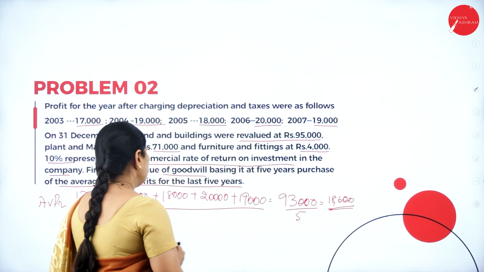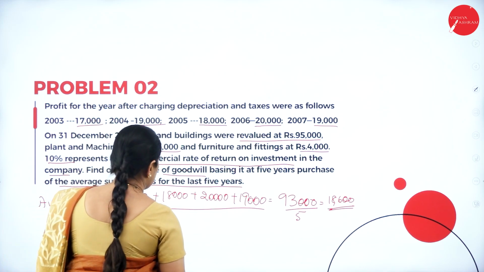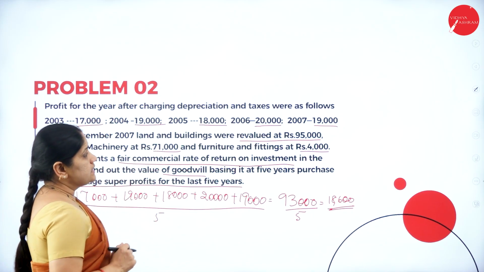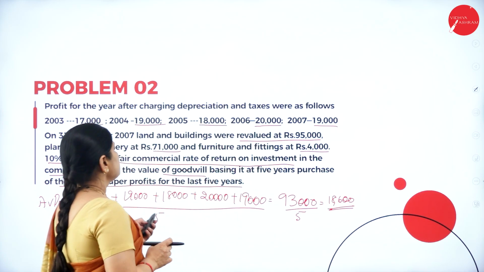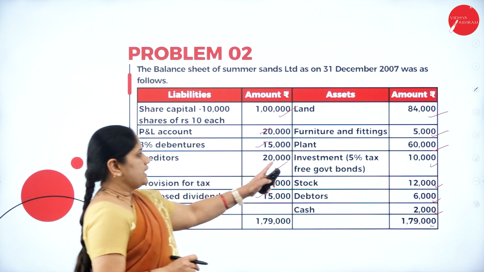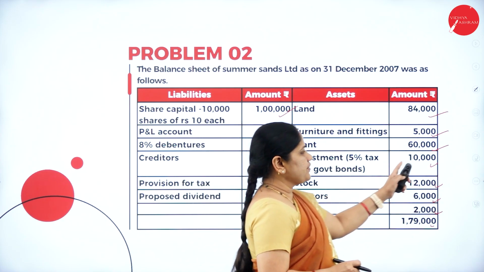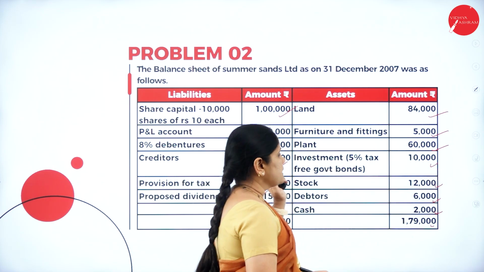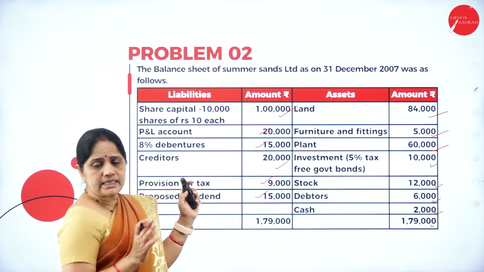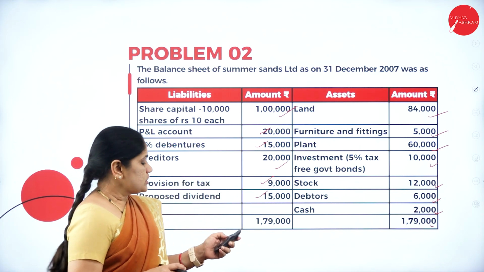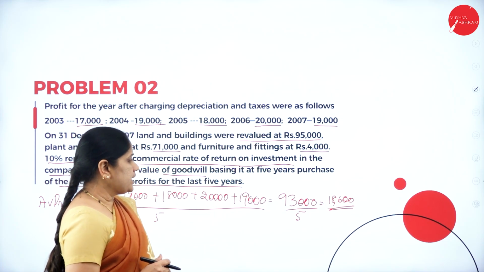18,600. Now, from this 18,600, I have to adjust the profits here. So, why do I need to adjust the profit? See, they have given the investment, 5% tax-free government bonds 10,000. So, on 10,000, if I calculate interest, I get an interest of 500 per annum. So, that interest I have to deduct here.